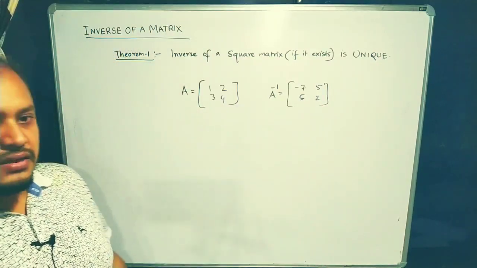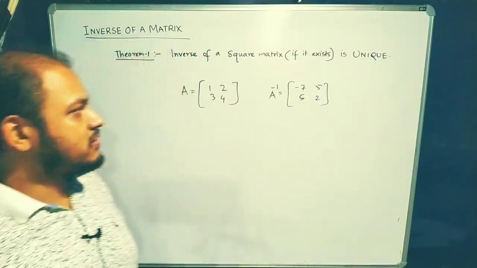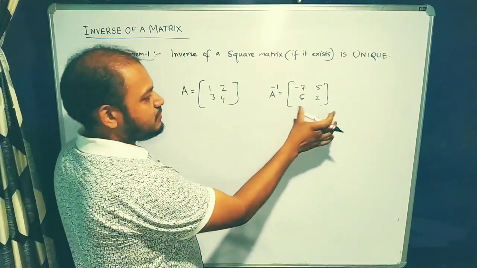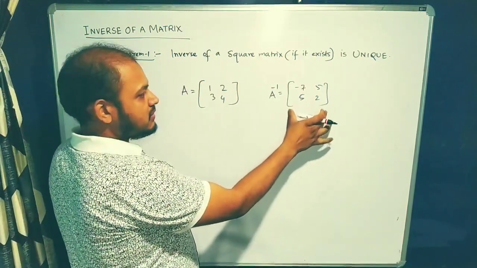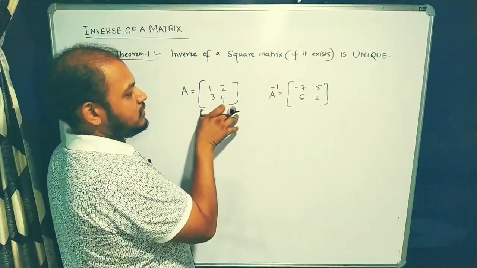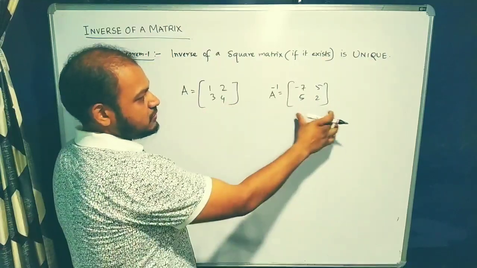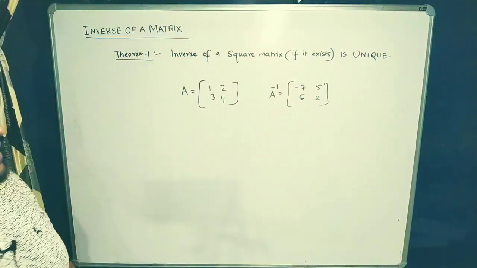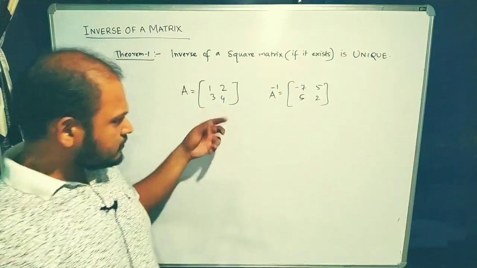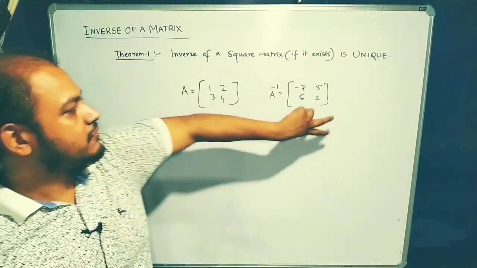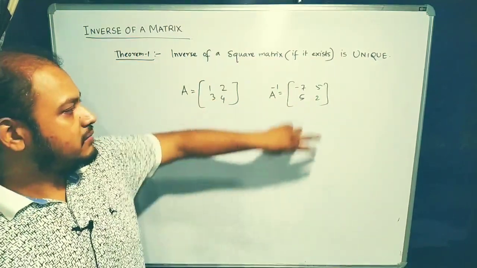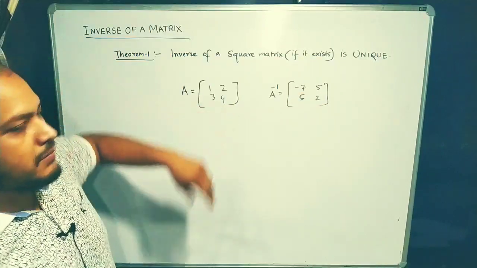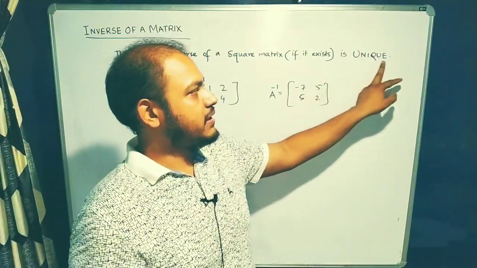So every matrix has only one inverse possible, that means it is unique. So this matrix is the inverse of that matrix, or that matrix is the inverse of this matrix. So every matrix will have a very particular inverse, and every inverse will have a very particular matrix. So that means this is unique.